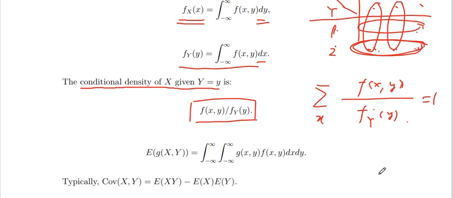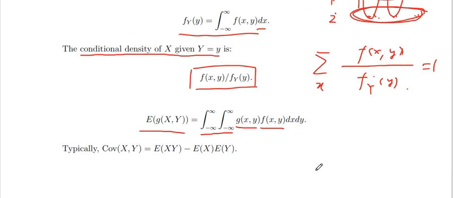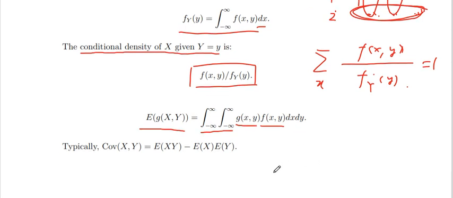Then it's the same thing for expectation: for g(x,y), this value multiplied by the probability, then add them up, and adding them up becomes integration. Covariance has the same definition.